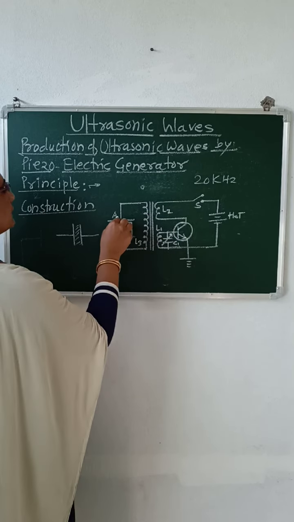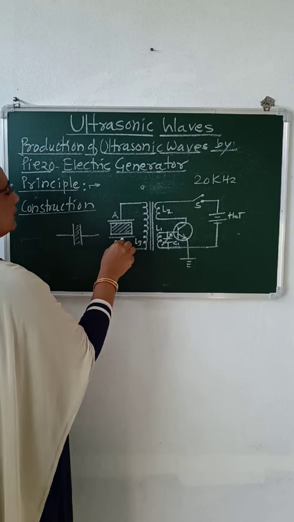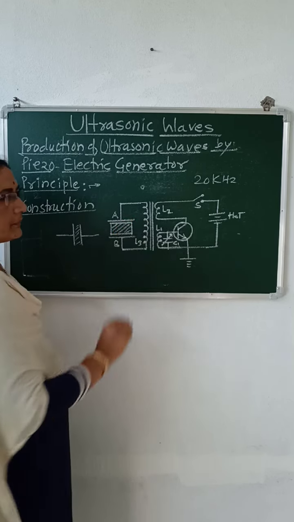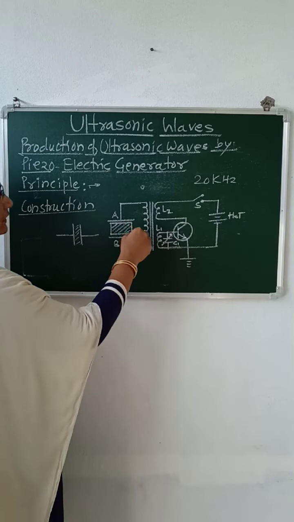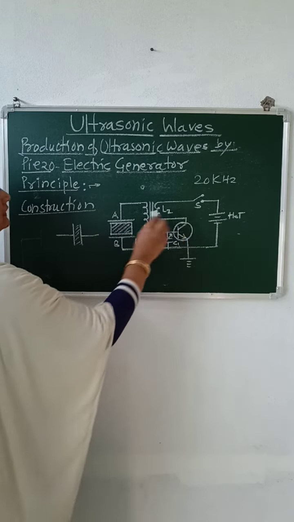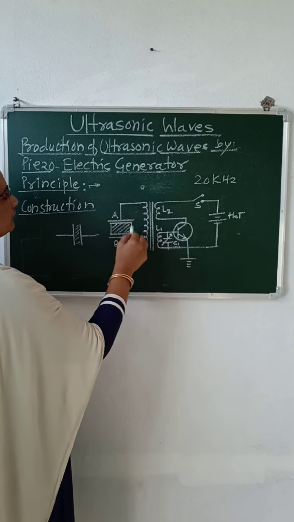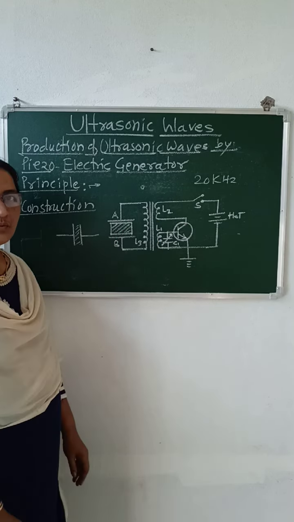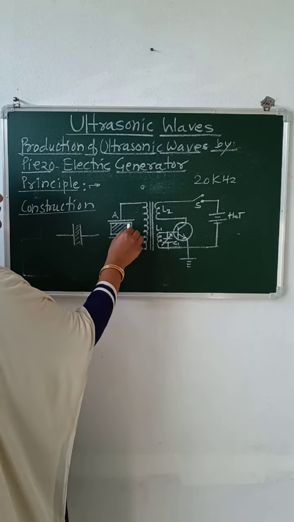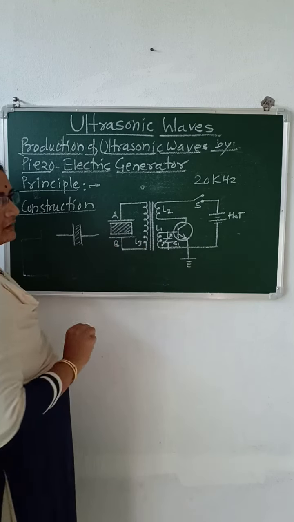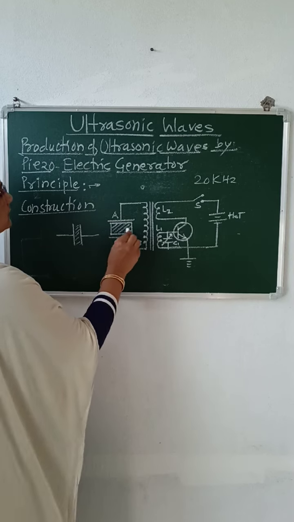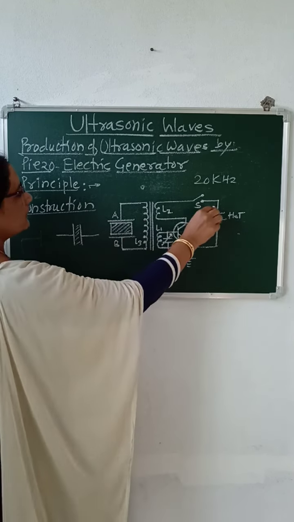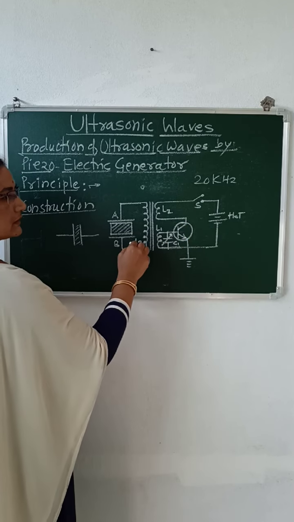This output is given to the parallel plate condenser, that is, it is given to the capacitor or to the crystal. When the high output is given to the crystal, the crystal is set into vibration, and if the natural frequency of the crystal becomes equal to the frequency of the circuit.